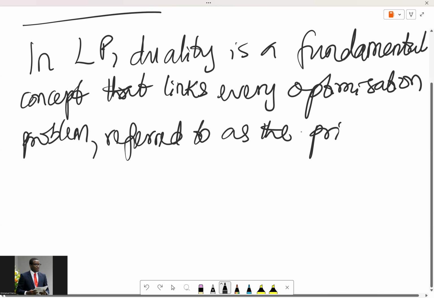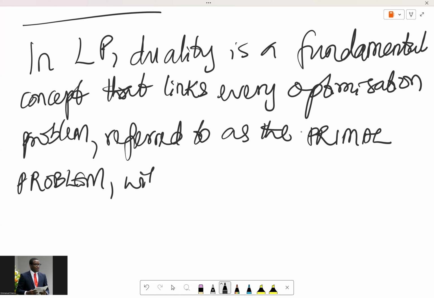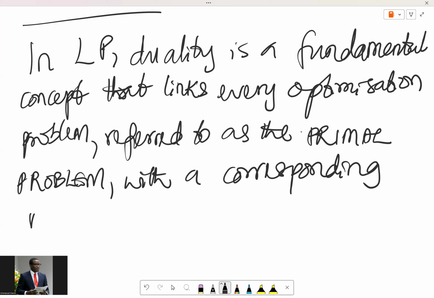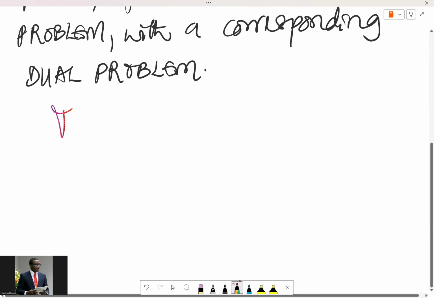In my usual fashion, I like to emphasize these key terms: primal problem, with a corresponding dual problem. So the original problem you have is called the primal problem, but then you can transform it into a dual problem.